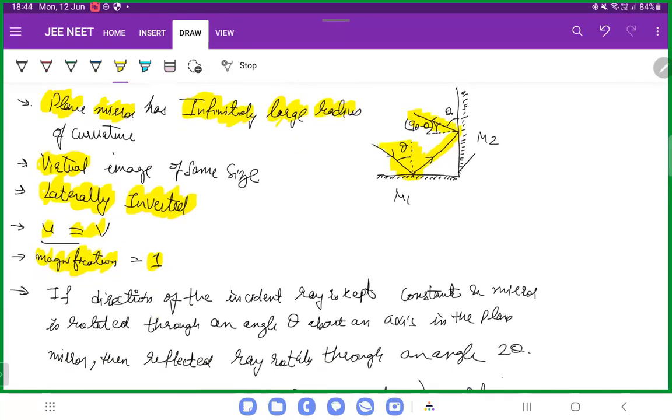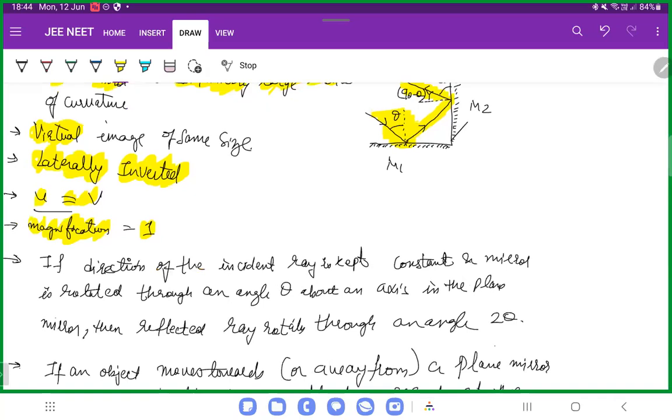Let's see here. This point is also important. The direction of the incident ray is kept constant. If the mirror is rotated through an angle theta about an axis in the plane of the mirror, then the reflected ray rotates through an angle 2 theta, double the angle.